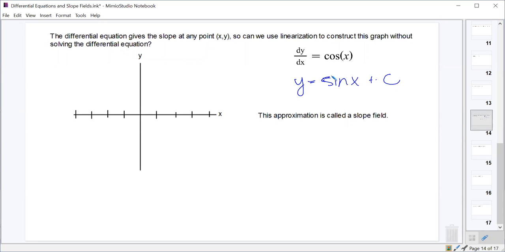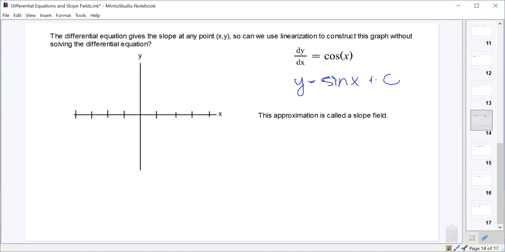Before we really start using these slope fields, we need to think about what a derivative, what dy dx really means, right? What is a derivative? It's the slope.